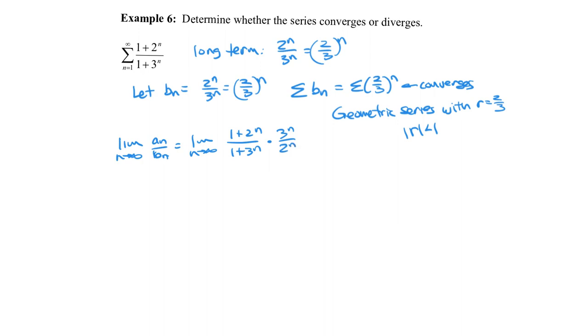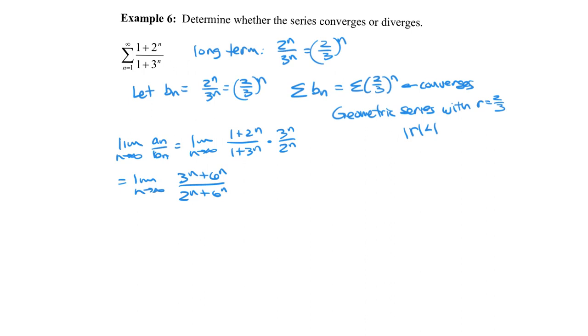And then I'm just going to multiply this through. So this is equal to the limit as n approaches infinity. As this comes through here, I'm going to get 3 to the n plus 2 to the n times 3 to the n. Well, since the powers are the same, that's just going to be 6 to the n. So this will be 3 to the n plus 6 to the n, and then the denominator will get 2 to the n plus 6 to the n.